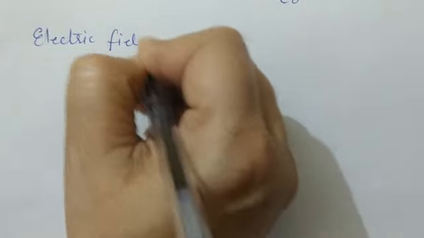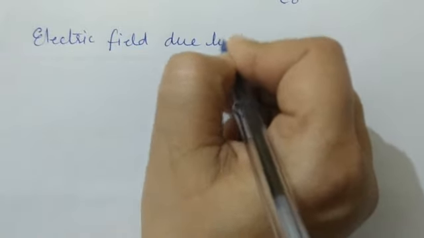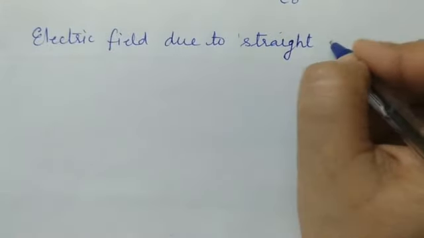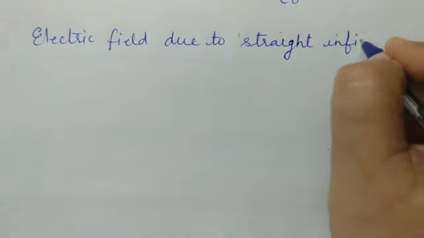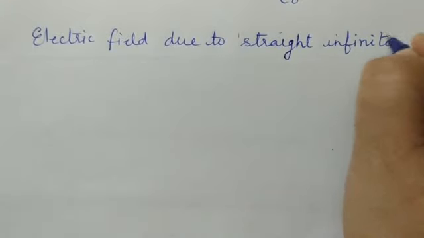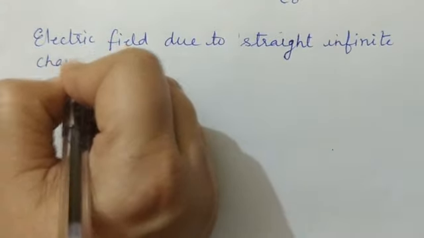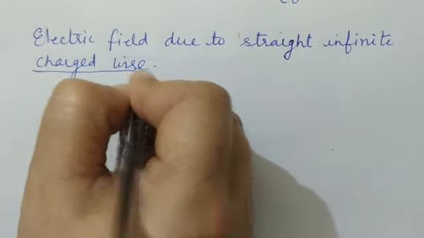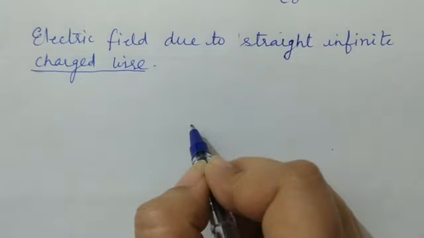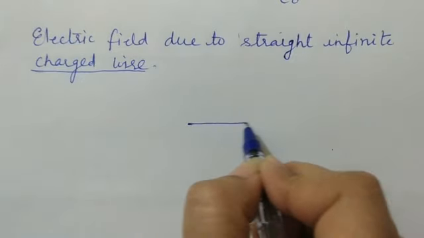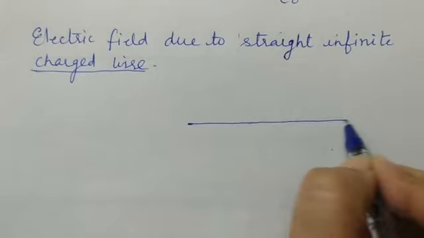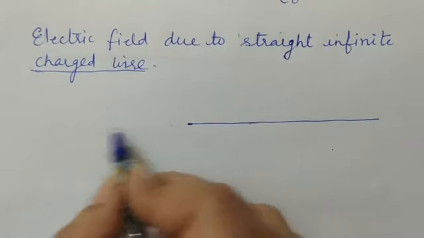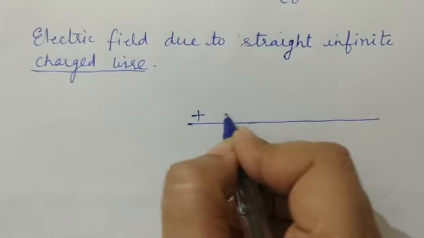Electric field due to a straight infinite charged wire. Now, suppose we have a wire. I'm taking a small portion of this wire, but this is an infinite length wire and this is, say, positively charged.